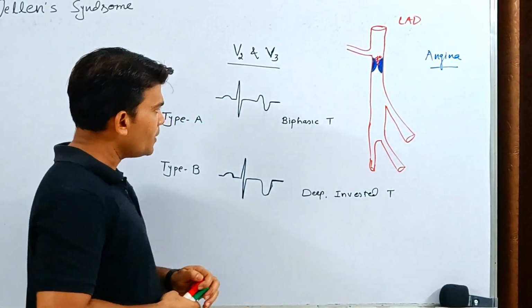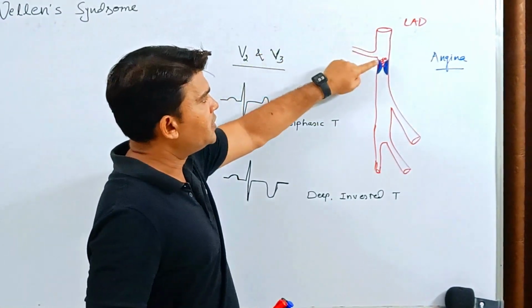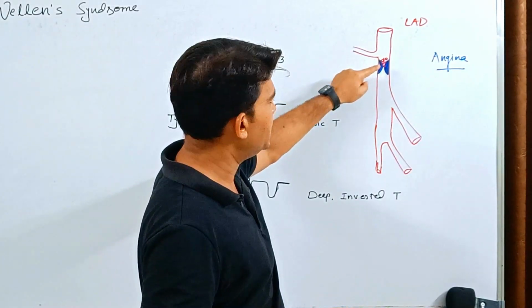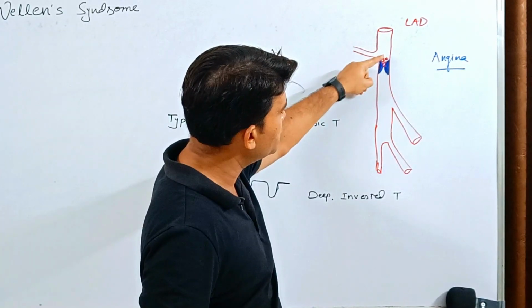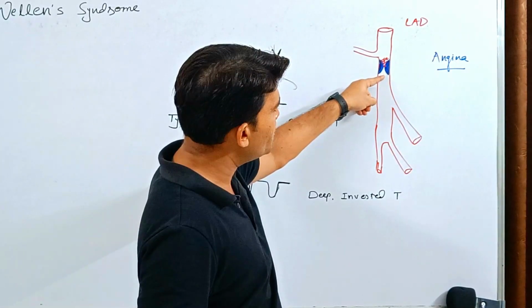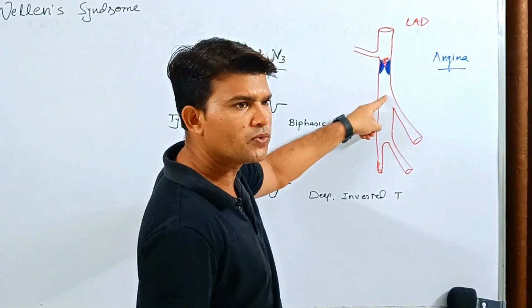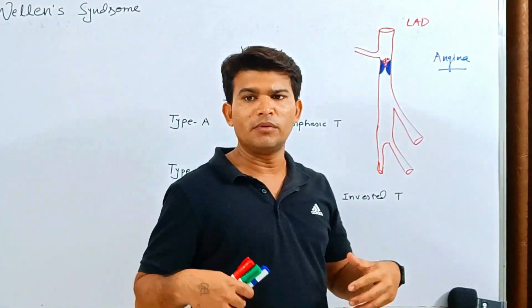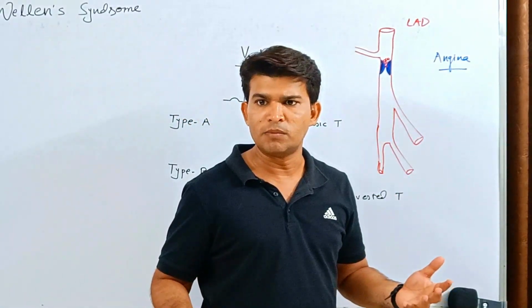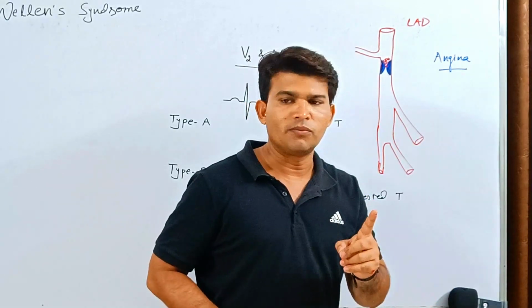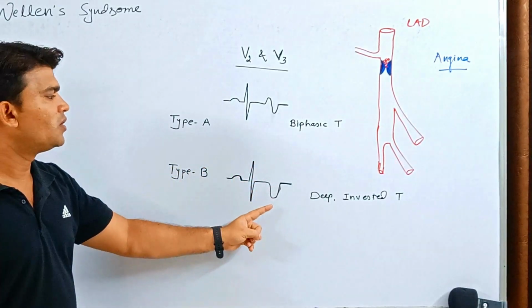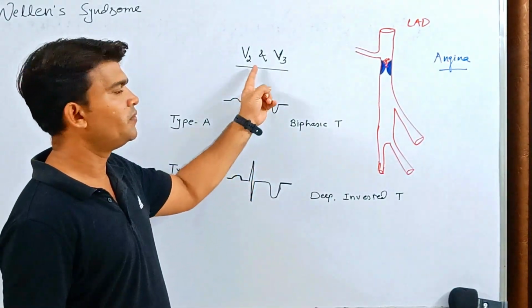And yes, if due to pre-hospital aspirin or spontaneous lysis this clot is removed, then reperfusion will start, and the patient will have all the signs and symptoms disappear. But from the ECG point of view, the patient will have a biphasic T wave or deep inverted T wave in V2 and V3.